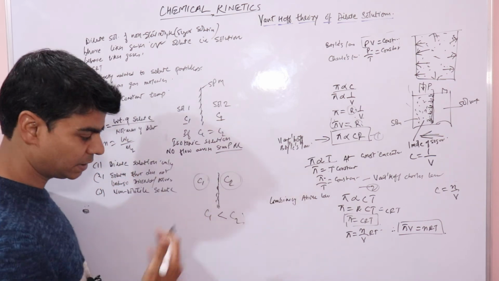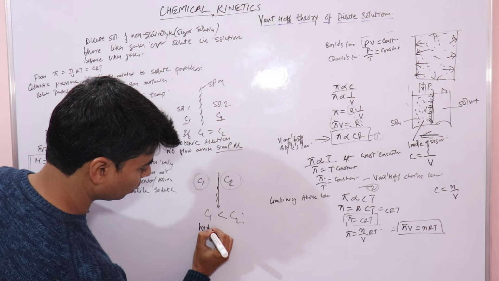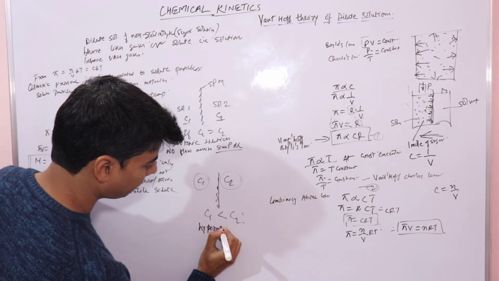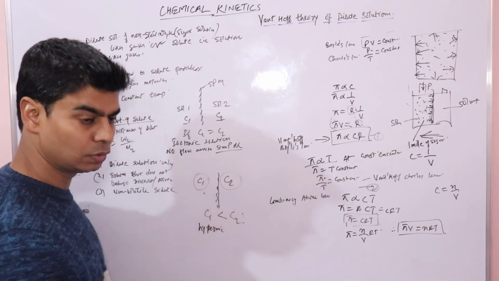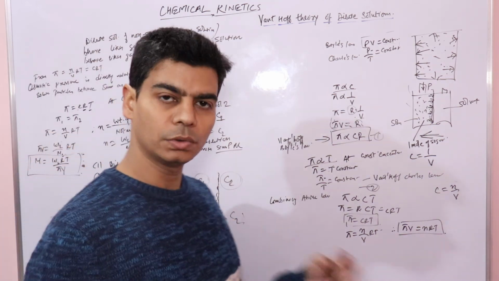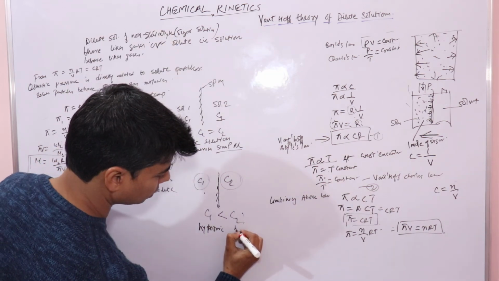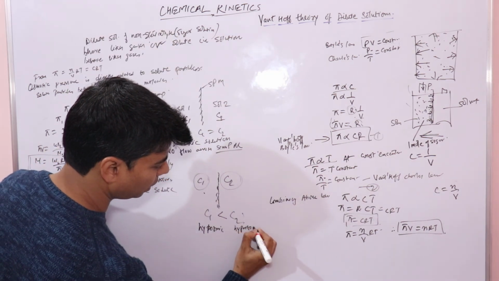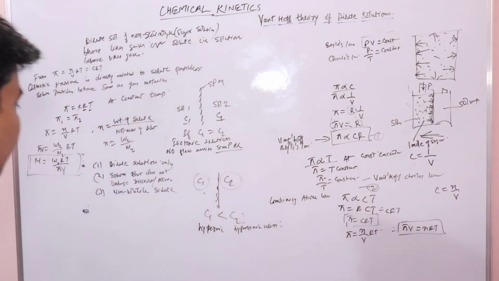The one which is less concentrated with respect to the other solution is the hypotonic solution. So C1 is the hypotonic solution, and the other solution, which is more concentrated with respect to the other, is the hypertonic solution. I hope all this is clear to you.